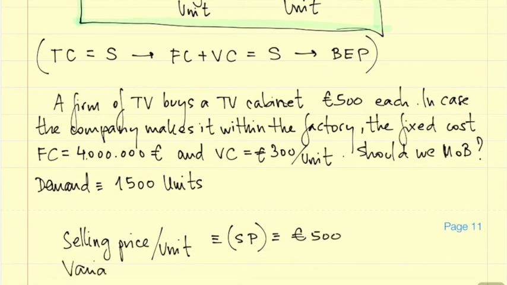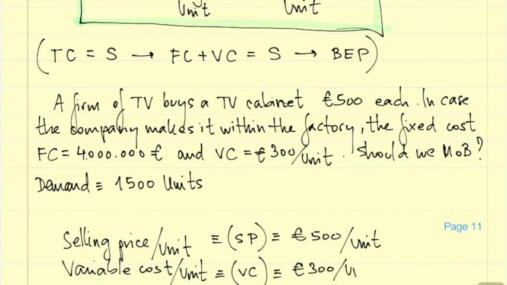The variable cost per unit, VC, is 300 euro per unit, and the fixed cost, FC, no, not per unit, fixed cost is fixed cost. FC is 4 million euro.